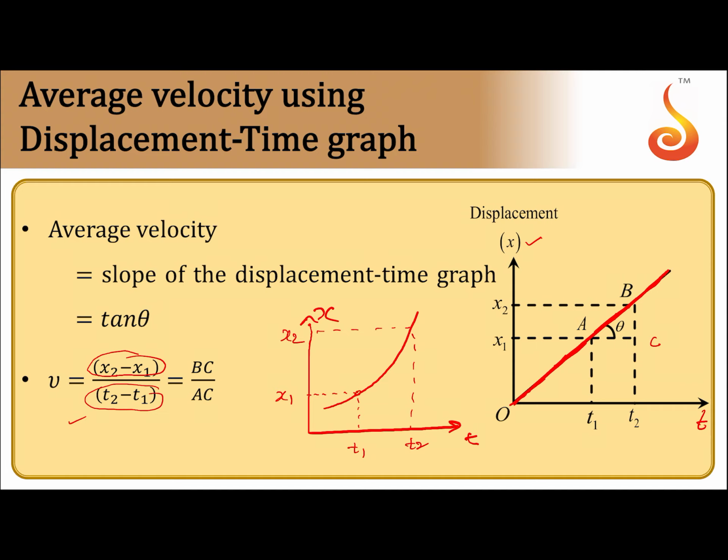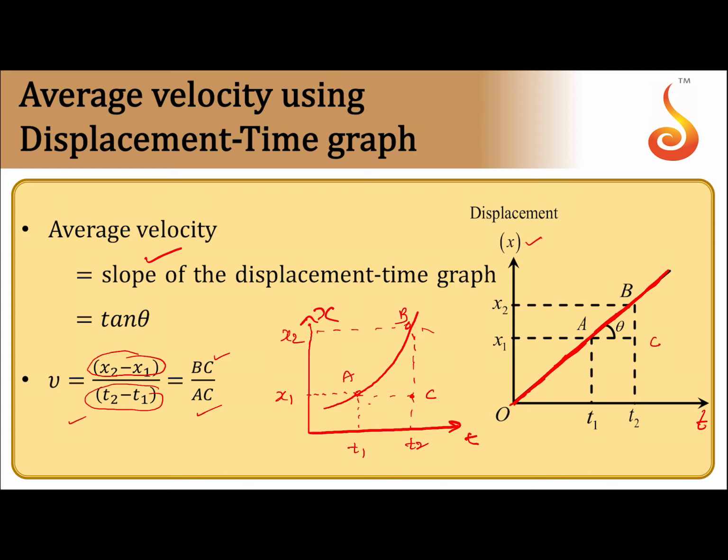So if I consider this point as A, this point as B, then this is going to be x2 minus x1. What is this x2 minus x1? This is BC. And what is t2 minus t1? That is AC. So this is nothing but the average velocity. Now how to calculate the average velocity? Clearly the slope of the displacement time graph gives us the average velocity.